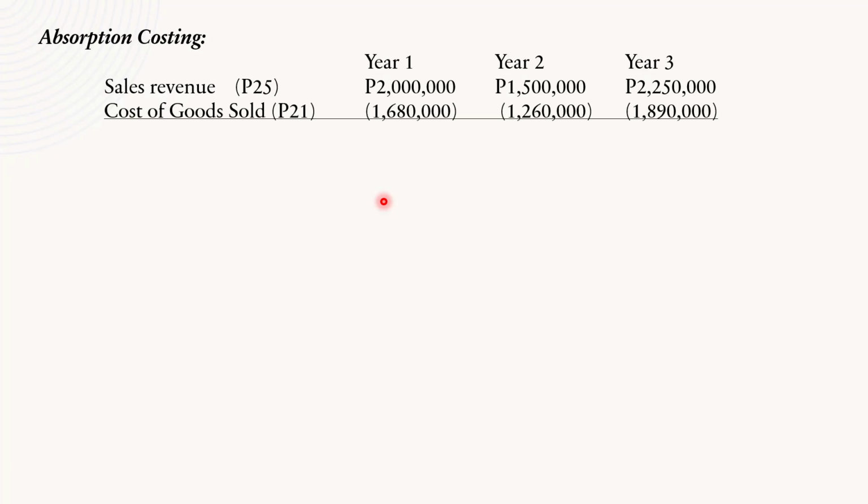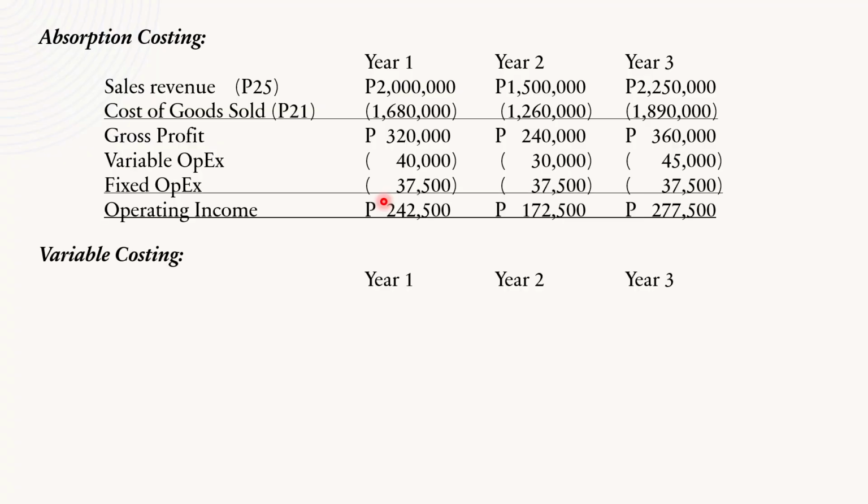Okay? So under variable costing, your sales revenue are still the same. 25 times the number of units sold. So you would have for year 1, 25 times 80K. Year 2, 25 times 60K. Year 3, 25 times 90K.